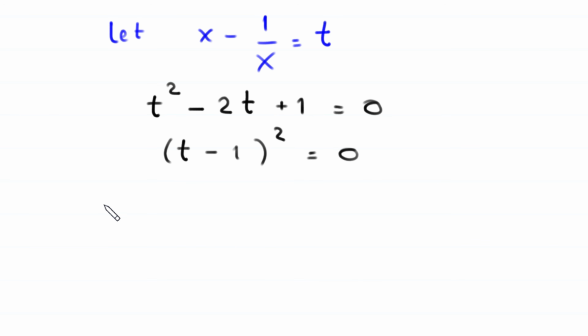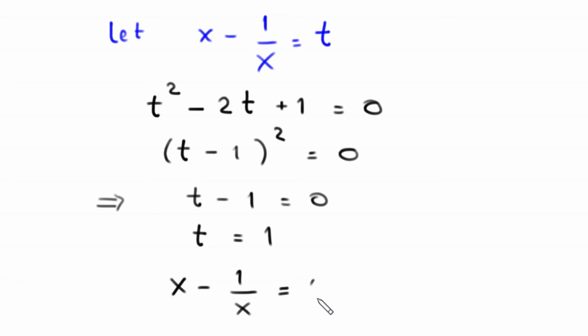If we take the square root of both sides, this implies that t minus 1 equals 0, and this implies that t is equal to 1. Since x minus 1 over x equals t, this will become x minus 1 over x equal to 1.